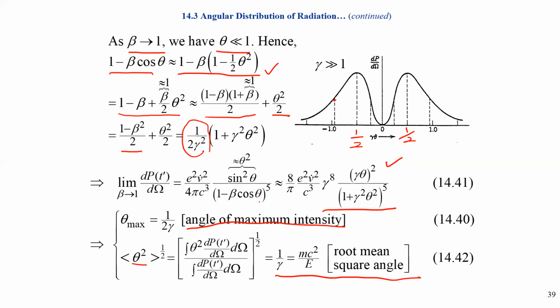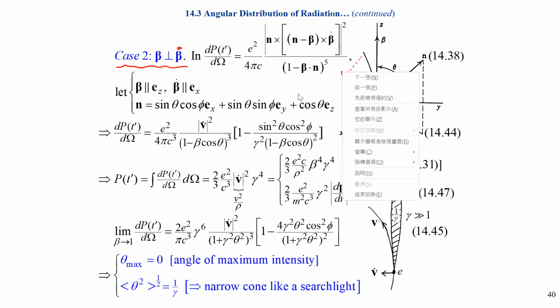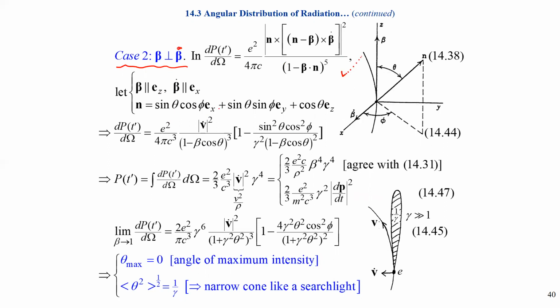Okay, that's for accelerator, for cavity. How about for radiation? Perpendicular case. Perpendicular case. Another condition. Beta perpendicular to beta dot. I'm sorry, this dot is very small, difficult to see. Okay, so in this case, beta and beta dot are perpendicular to each other.